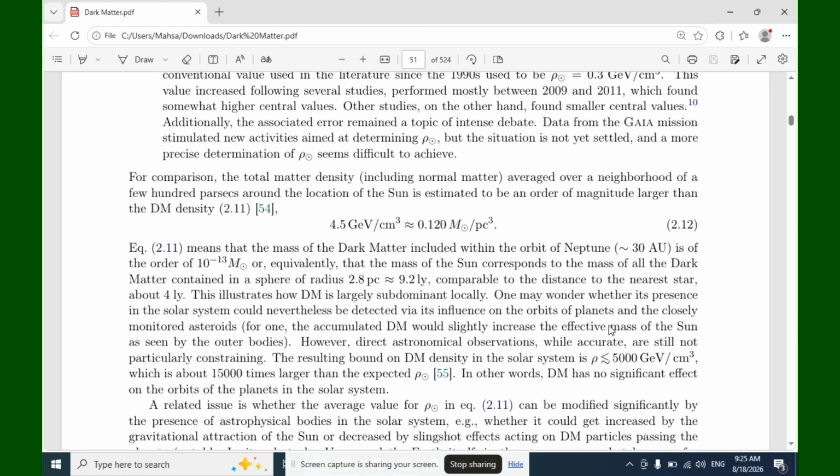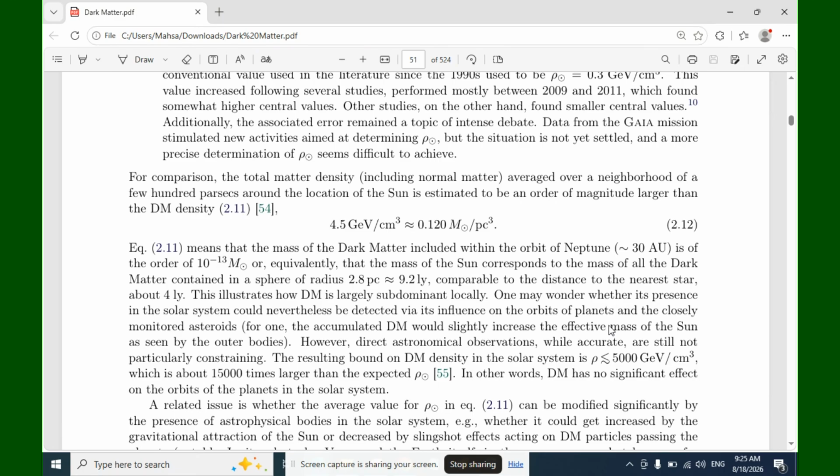Equation 2.11 means that the mass of the dark matter included within the orbit of Neptune, which is equal to 30 AU, is of the order of 10 to the power of minus 13 solar masses, or equivalently that the mass of the Sun corresponds to the mass of all of the dark matter contained in a sphere of radius 2.8 pc, equal to 9.2 light years, comparable to the distance to the nearest star, about 4 light years. This illustrates how dark matter is largely subdominant locally.